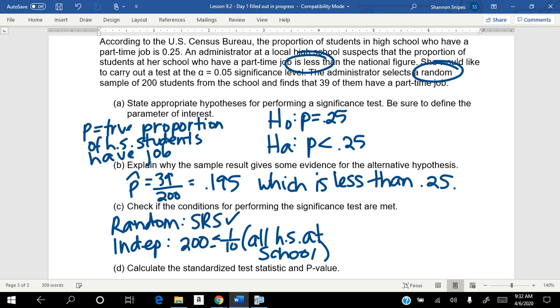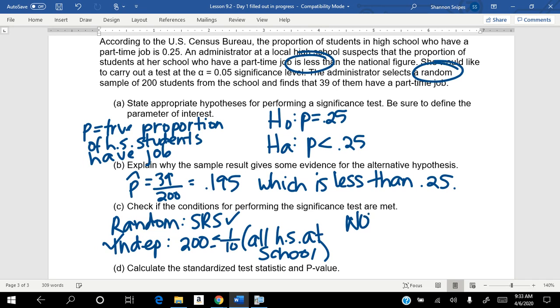Well, I guess we're going to have to assume that there are more than 2,000 students at the school. I was kind of hoping it would say a large high school, and then we'd feel a little more confident about that. So we're going to assume there are more than 2,000 students at this high school.